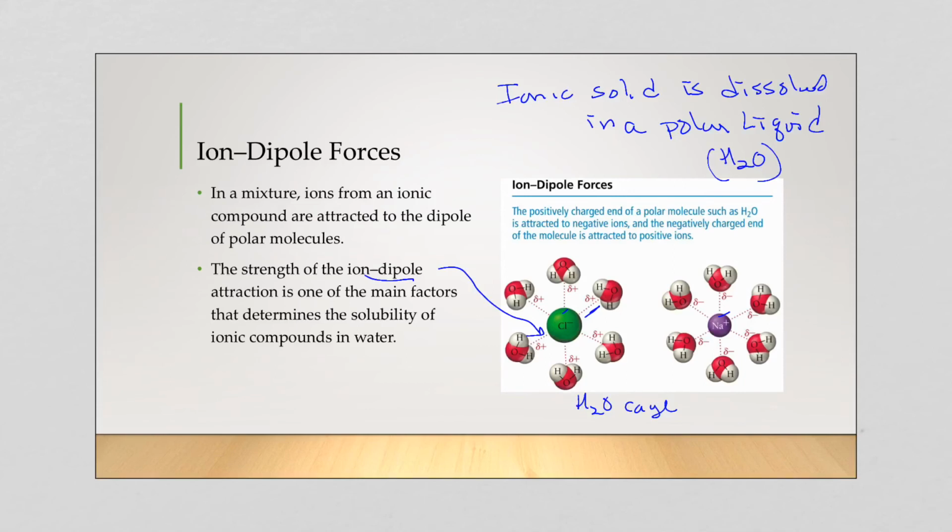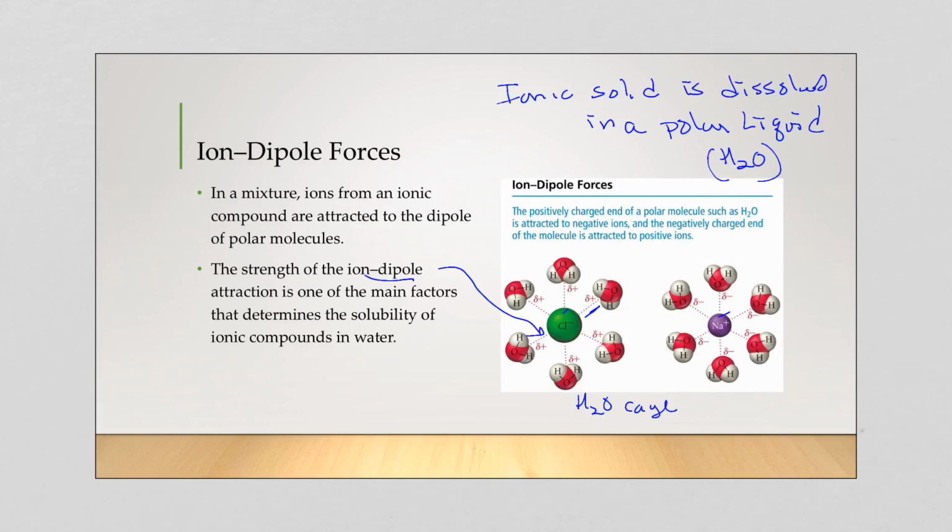And so the fact that these ions can develop multiples of these, like 6 or so is sort of the standard number, around each ion, makes these ions quite stable in solution, makes it harder for them to want to get back together with each other and reprecipitate, if you will. And so these ionic compounds, for the most part, form very stable, easily dissolvable solutions in polar liquids like water, right?